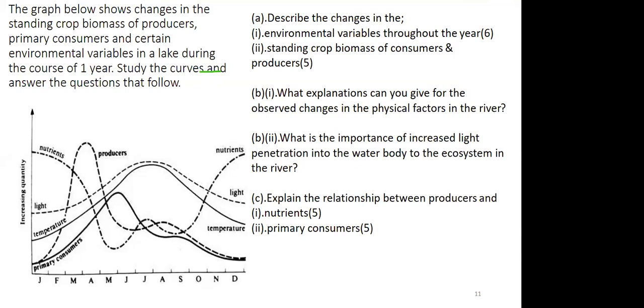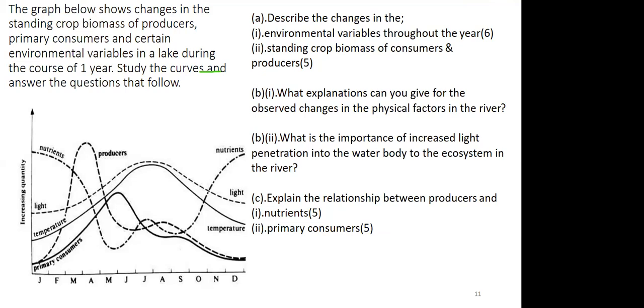Teacher, I have a question here. In this last month, you explained why the producers are reducing while the nutrients are increasing. So I'm thinking, could it be reasonable to say probably there's decomposition happening and so the nutrients are being released, or do we have to stick to what you say?